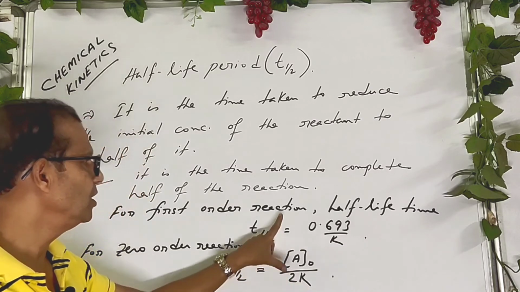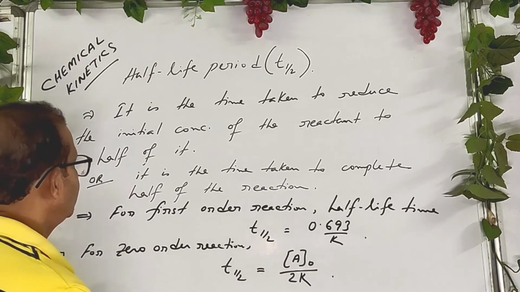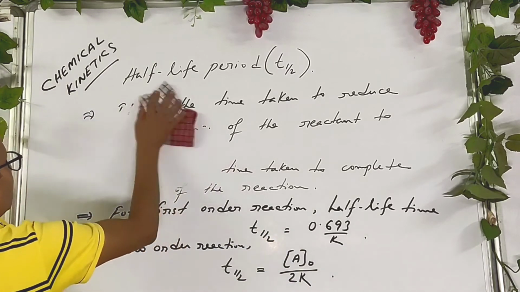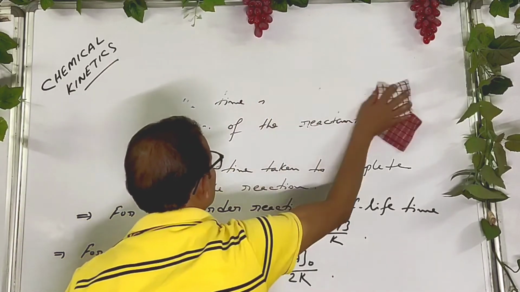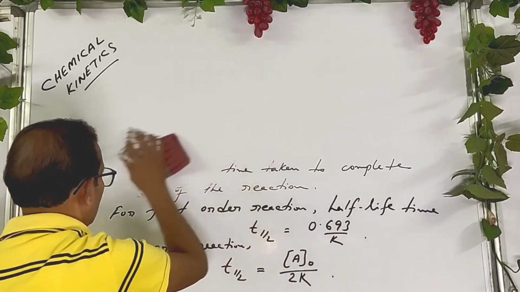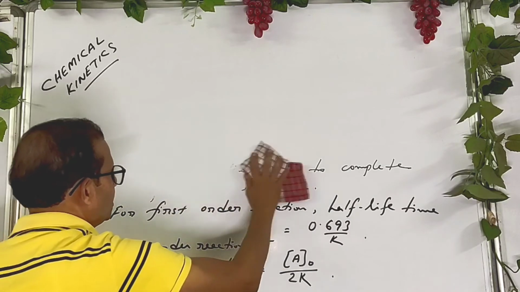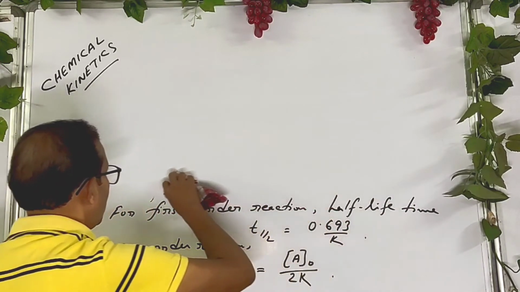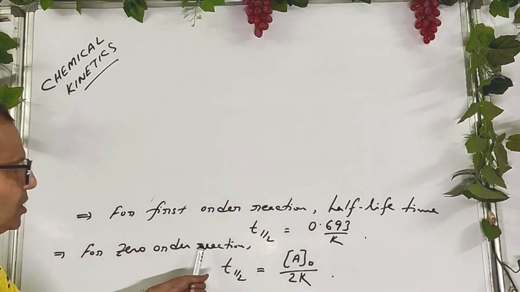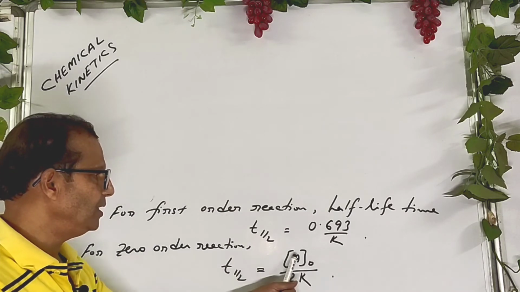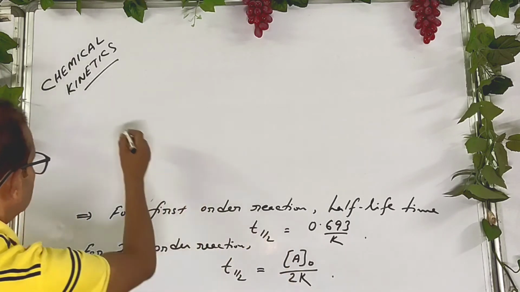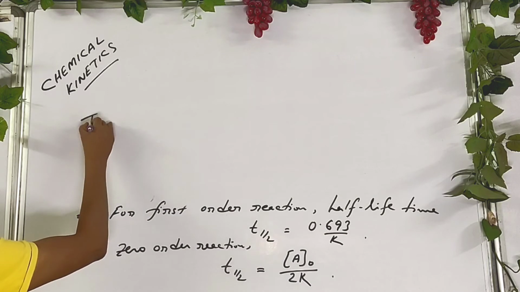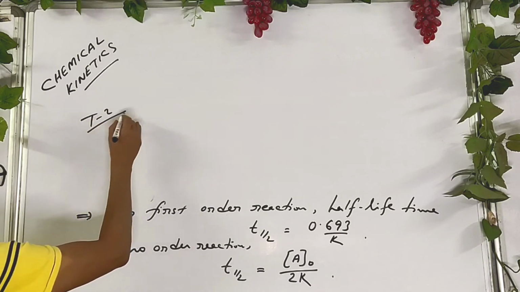K is the constant. So you can conclude that the half-life period of first order reaction is independent of the initial concentration of reactant, and for zero order reaction the half-life period is directly proportional to initial concentration. This is very important for term 2.